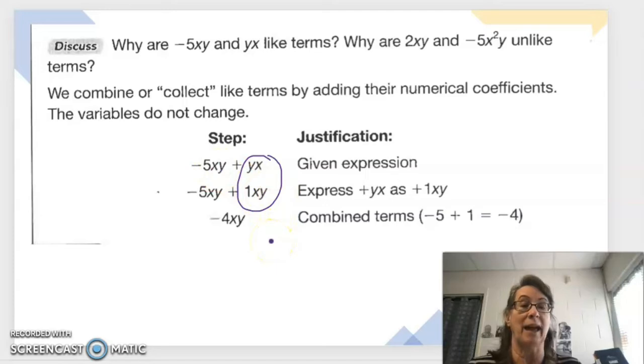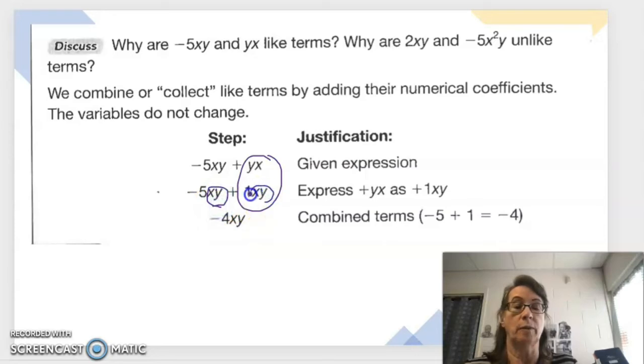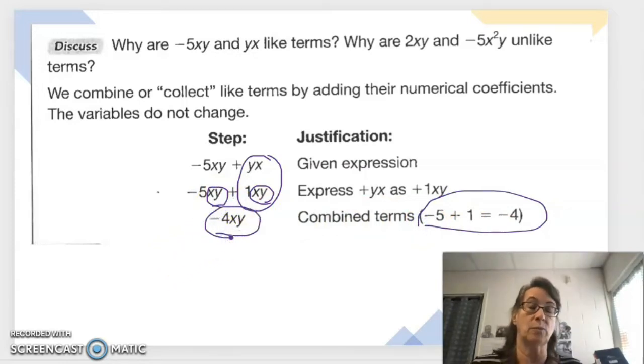And then to add them, we would just say, okay, they're like terms. And so all we would do is add their coefficients together. Negative 5 plus 1 is negative 4. So the answer would be negative 4xy when we add the two together.